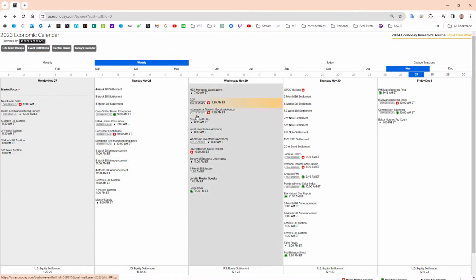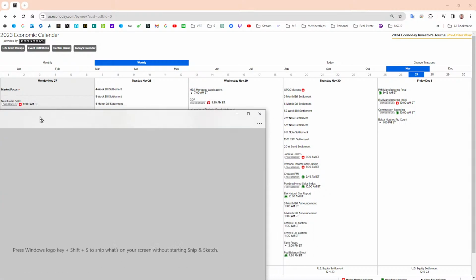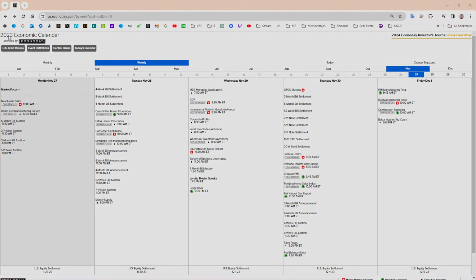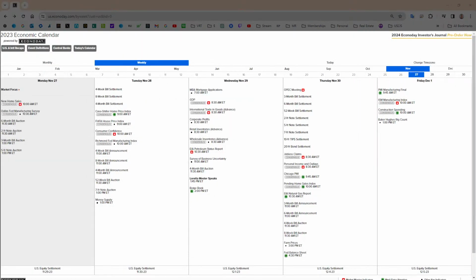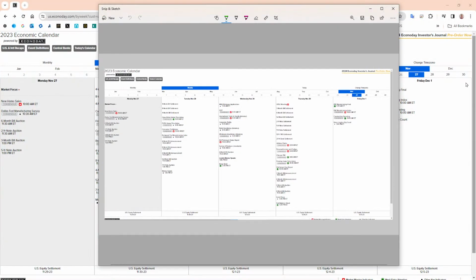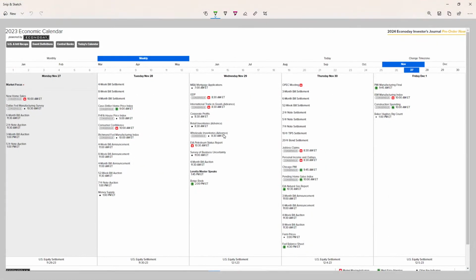This could be relevant. That can be important. Let me do a screenshot of this thing. All right, we'll have GDP here.